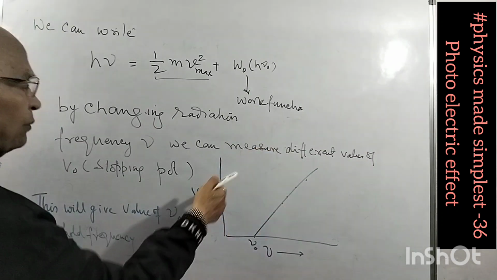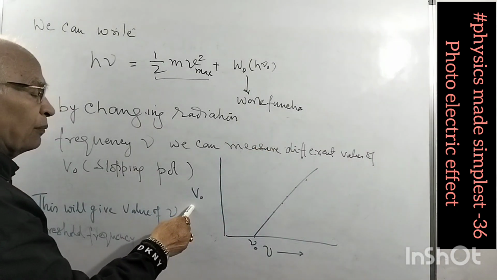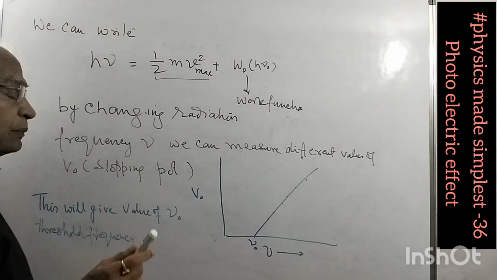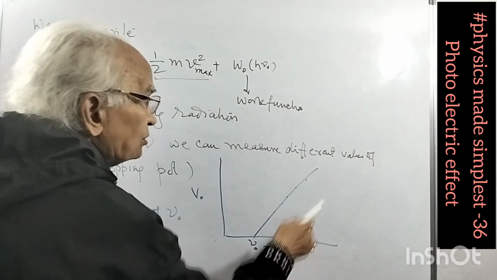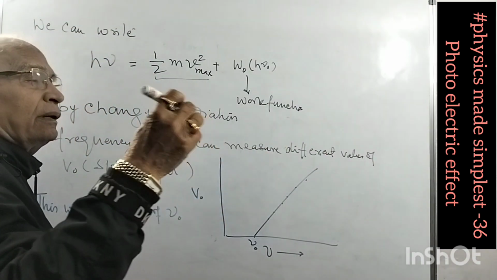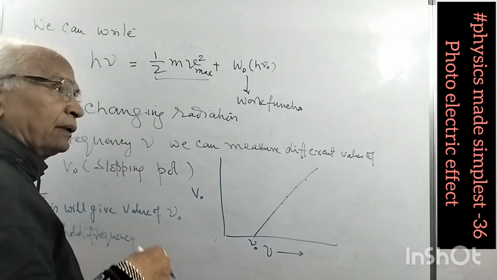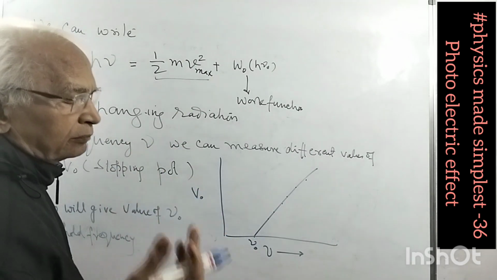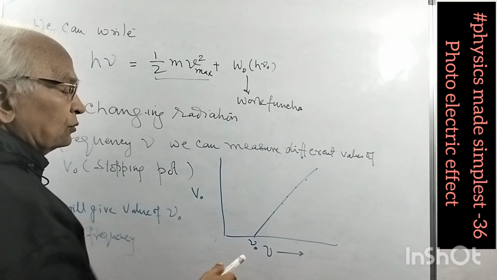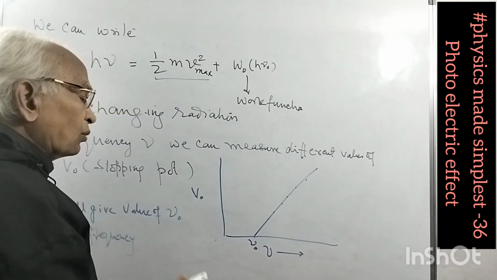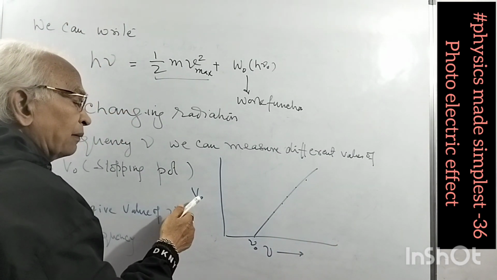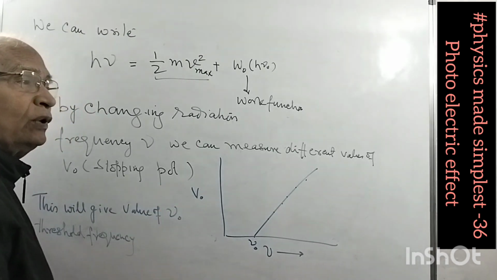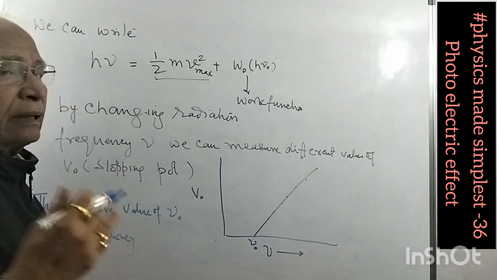So this type of experiment uses different voltage V naught from the power supply and changes the frequency of the radiation, means light of different nature: red light, yellow light, ultraviolet, like that. You will have different values of nu, and you will find different values of V naught to stop the electron, to make the current zero.